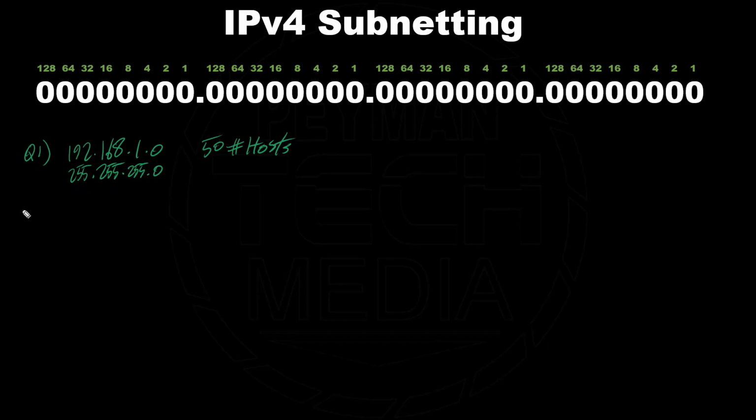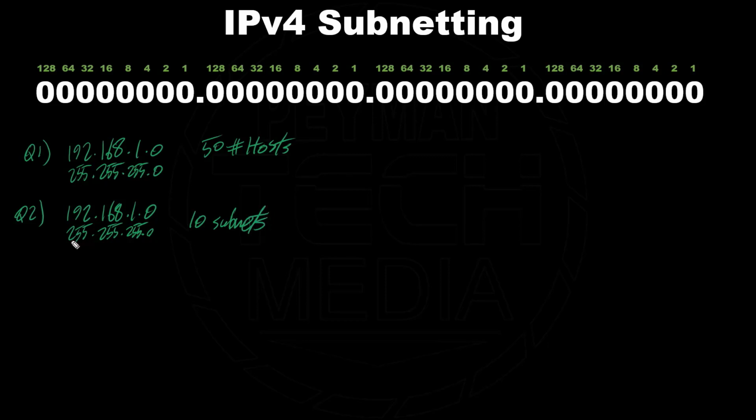Another, let's say I'm going to write down question number 2. They might say, okay, this is our network address 192.168.1.0, default subnet mask. Of course, this is a Class C network, and the default subnet mask is 255.255.255.0. And they might say we need 10 different subnets.